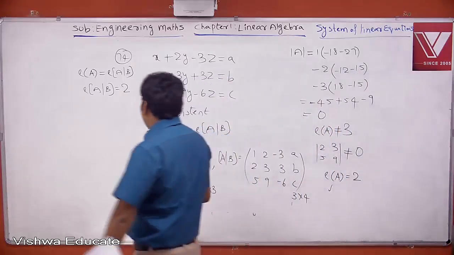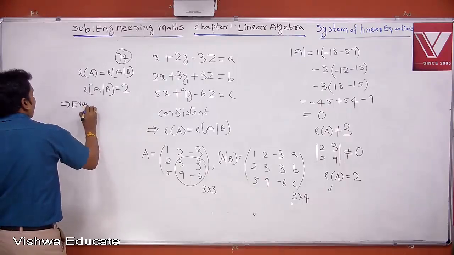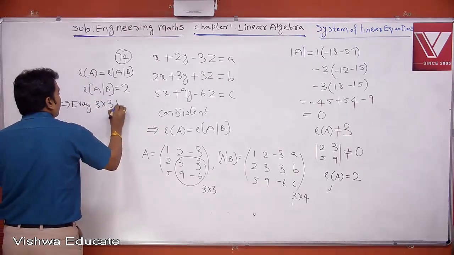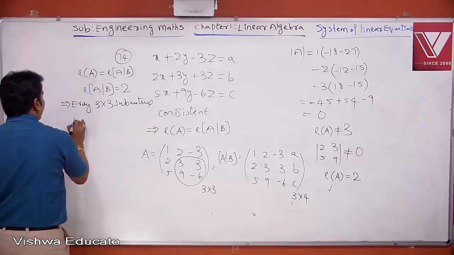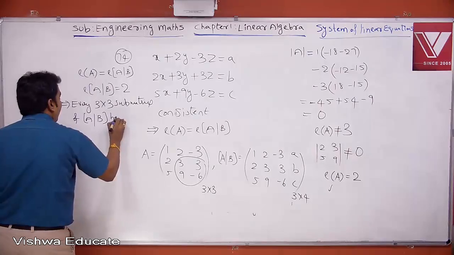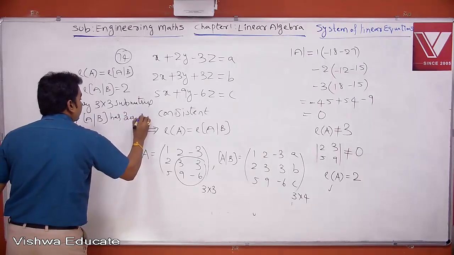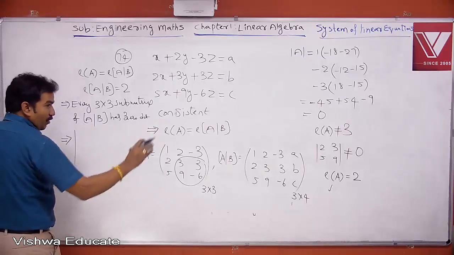Therefore, every 3 by 3 submatrix of A|B has 0 det. Therefore, you eliminate any one of the columns.